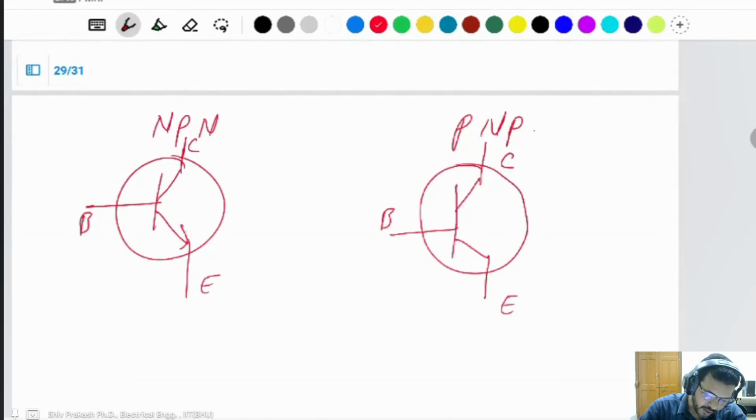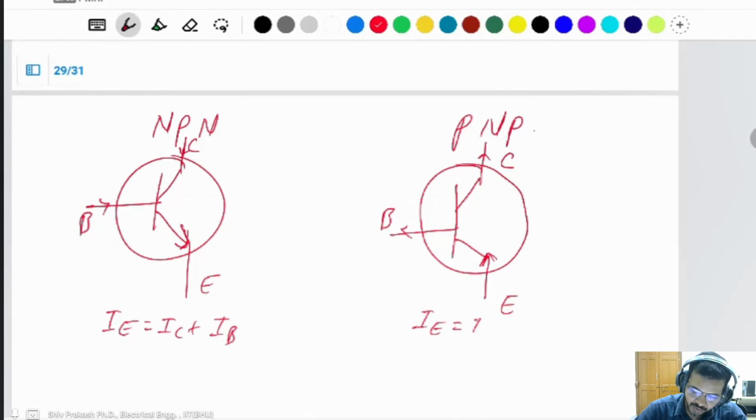But in NPN, current flows from the base and collector to the emitter. It means IE is equal to IC plus IB. But here in PNP, current flows from the emitter to the base and collector. But the current equation will be the same, IB plus IC.